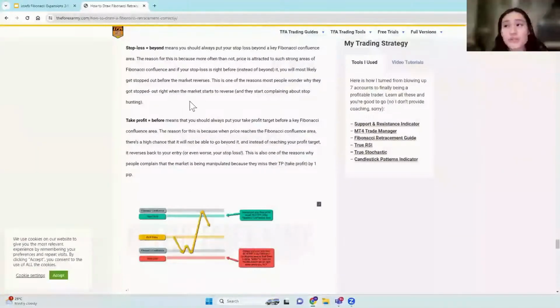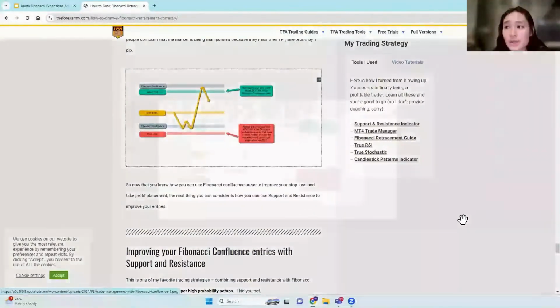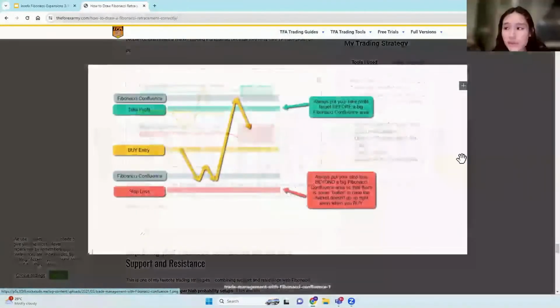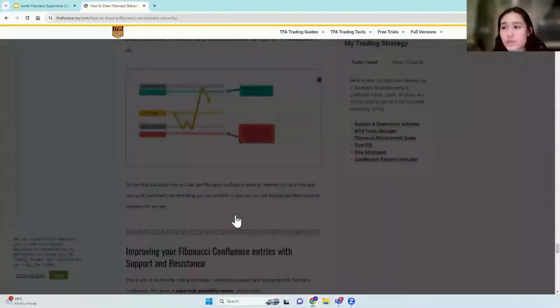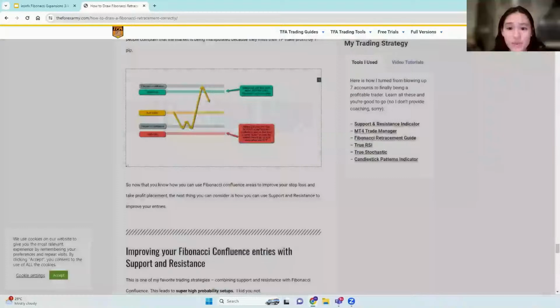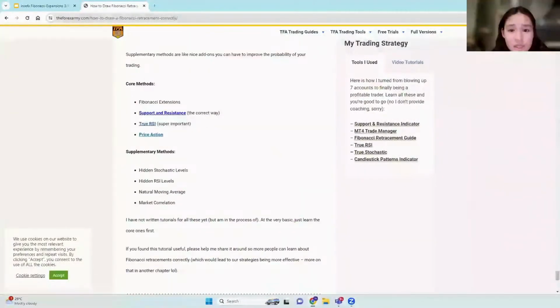So you place your stop loss beyond, take profit before. This is quite an important concept that we'll talk about at the end as well. Just wanted to briefly mention that if you're just starting out, and maybe I'll just pop it into the chat.